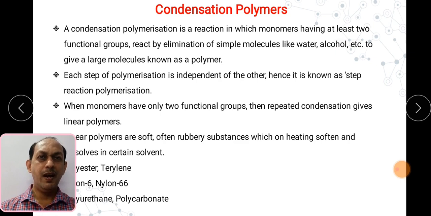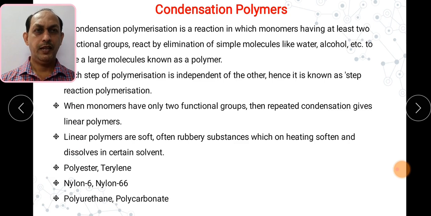So they are formed by step reaction polymerization, in which each step is independent of the other. These monomers have two functional groups. They react in a repeated manner and form the linear polymers. Already we have covered the synthesis of polyester, that is terylene, nylon 6 and nylon 66. So in this session we are going to see the synthesis of polyurethane and polycarbonates.